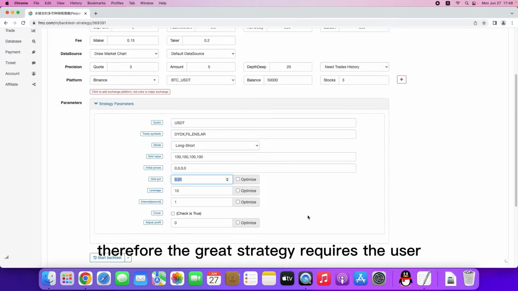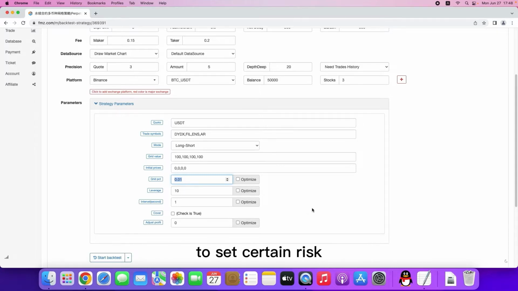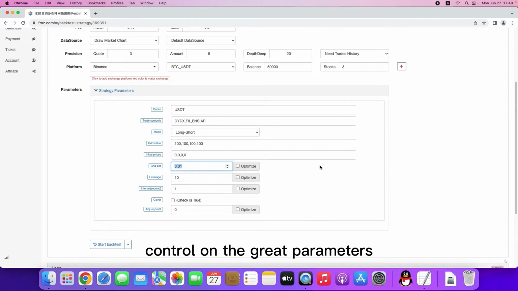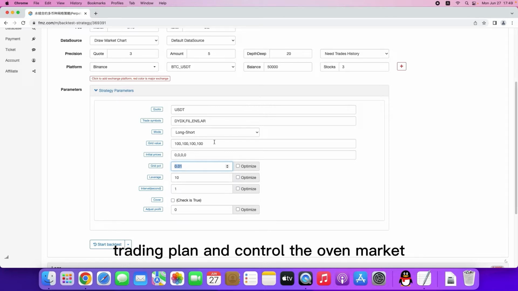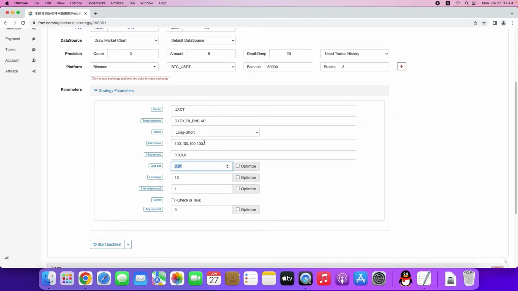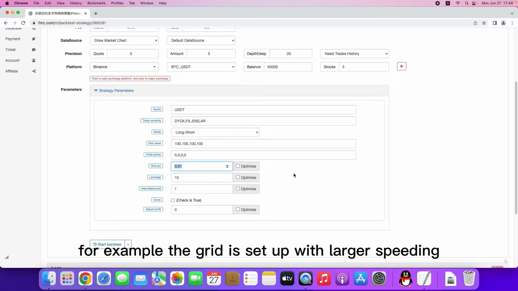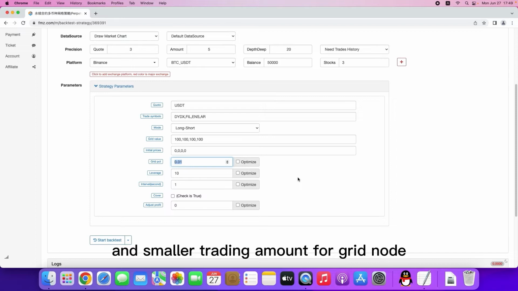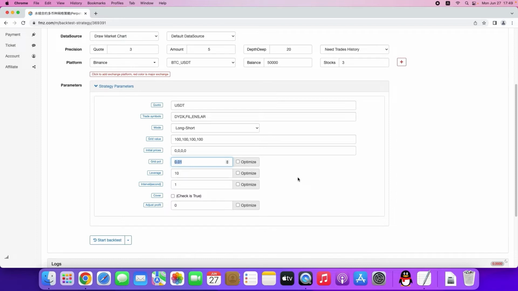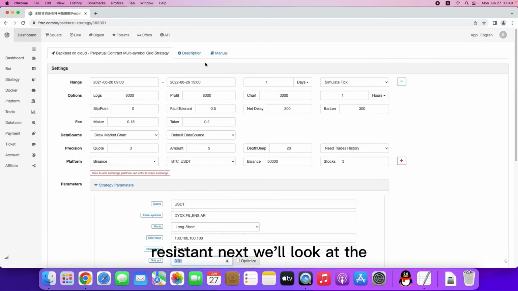Therefore, the grid strategy requires the user to set certain risk control on the grid parameters according to their own asset, risk preference, trading plan, and control of the market. So the size of the grid trading risk is closely related to the parameters. For example, the grid is set up with larger spacing and smaller trading amount per grid node, so that the grid is significantly more risk resistant.